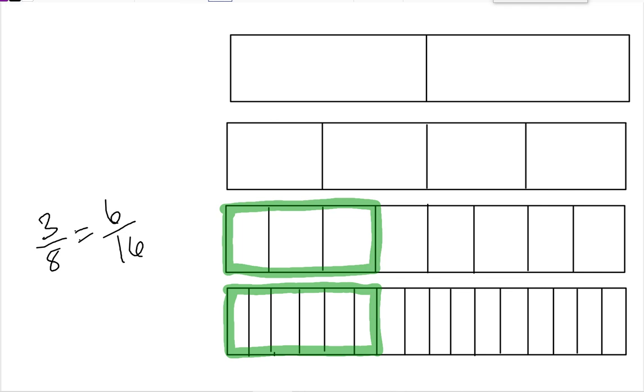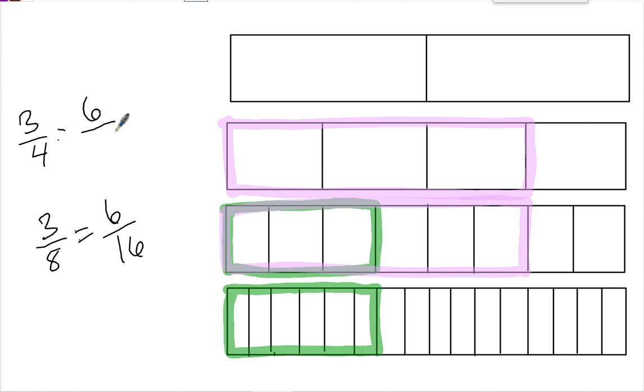And 3/4 here, because that's 3/4, is the same as 6/8 or 12/16. There are lots of different types of equivalent fractions. Okay, and that's some ways we can show them.